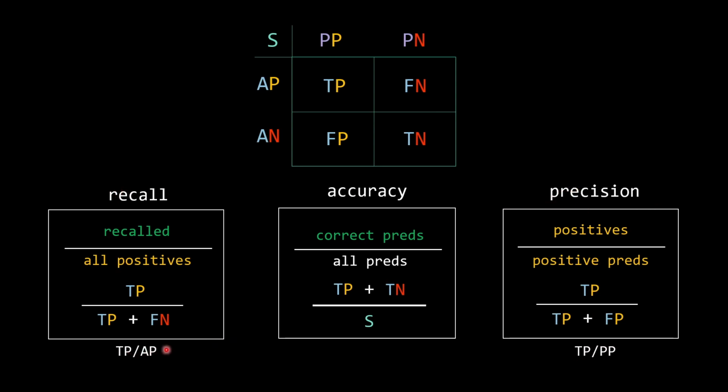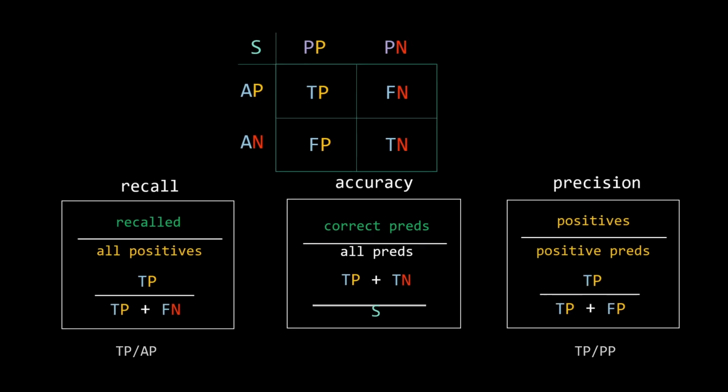One is all the positives over the predictions, and one is all the positives over the actual. So recall is all the actual positives that existed: how many did the model pick up, how many did it recall? But precision is, out of all the positive predictions we made, how many were correct? How precise was our model?